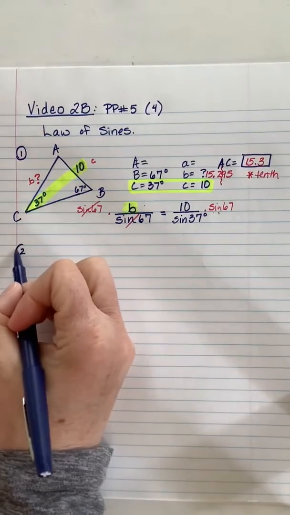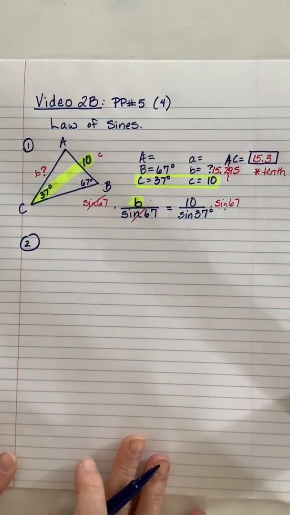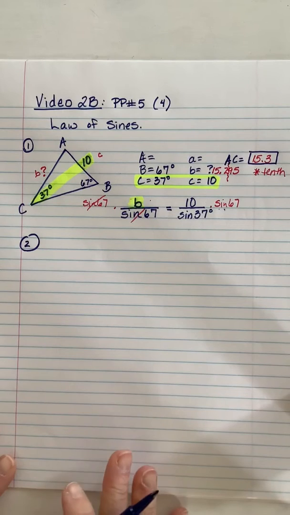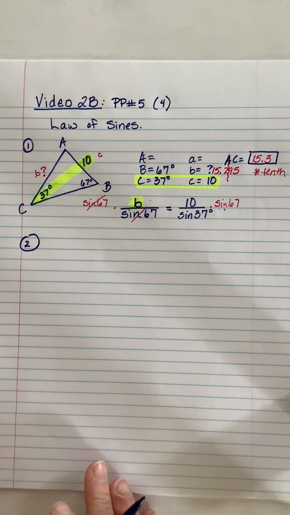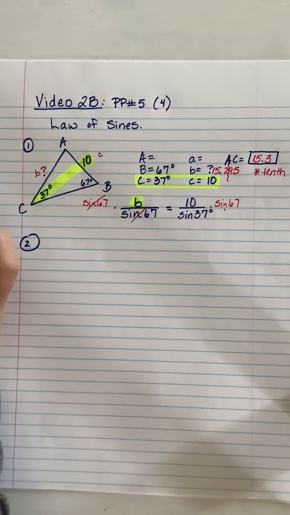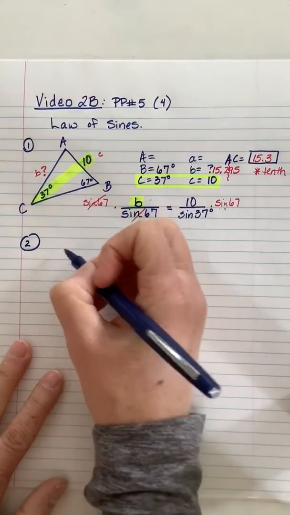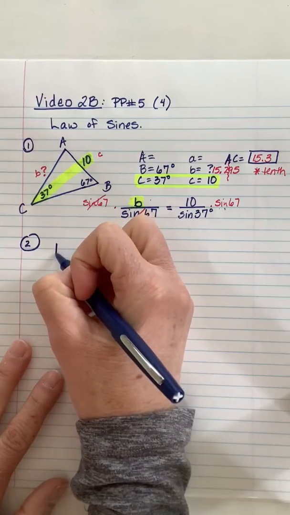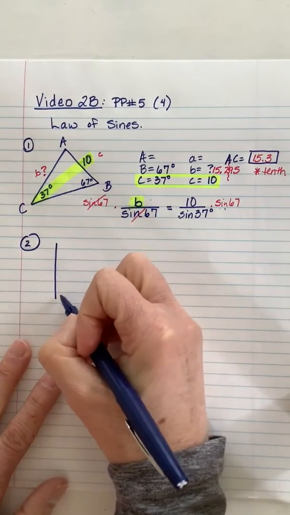Your second practice problem is going to be a similar looking triangle, mainly because that's the kind that I enjoy drawing, because I'm a little less than great there.